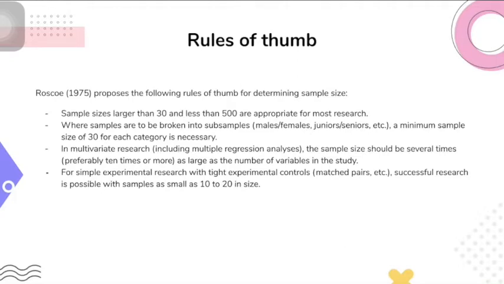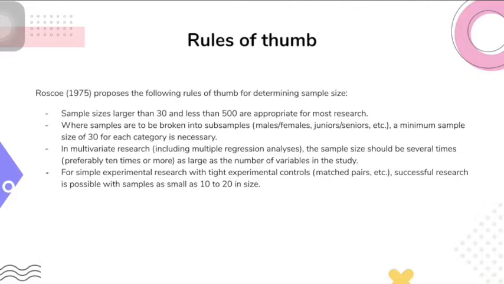So Roscoe proposes the following rules of thumb for determining sample size. The first one is sample sizes larger than 30 and less than 500 are appropriate for most research. The second one is where samples are to be broken into subsamples, for example, males or females, juniors or seniors, etc. A minimum sample size of 30 for each category is necessary.